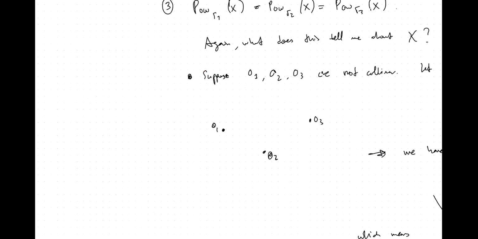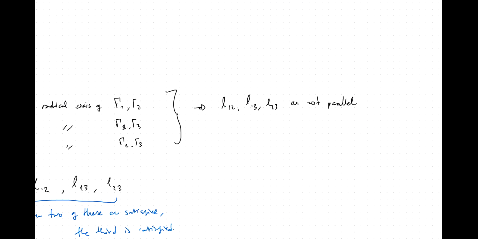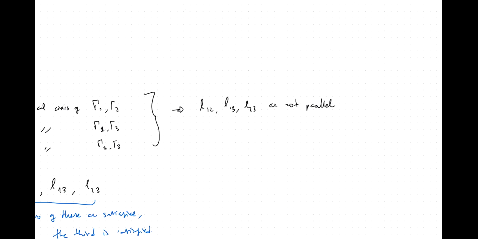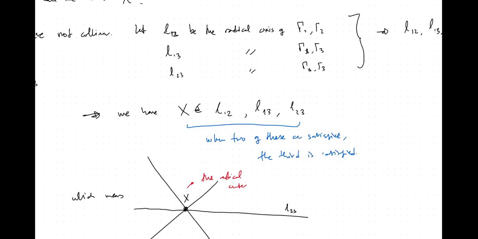So what if the centers are collinear? In this case, the radical axes will be parallel. So what can you say when the radical axes are parallel?